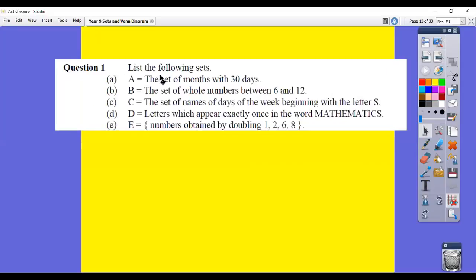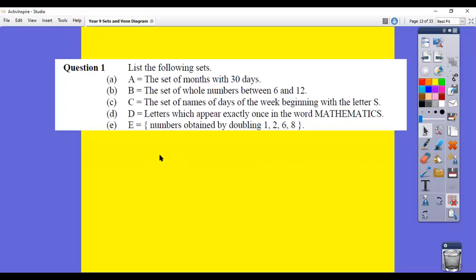I'm going to let you do question 1 as homework. Please remember to do the questions in your book, then take a picture, upload it and submit it onto Google Classroom, and I will mark it and feed back to you. Question 1 is: list the following sets. For example, the set of the months with 30 days.